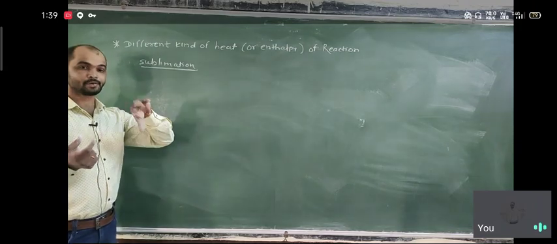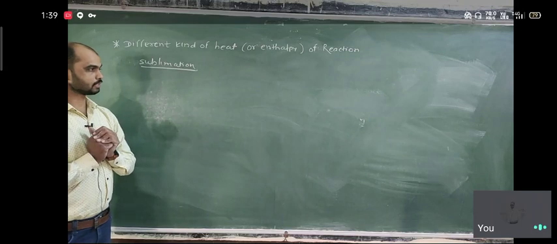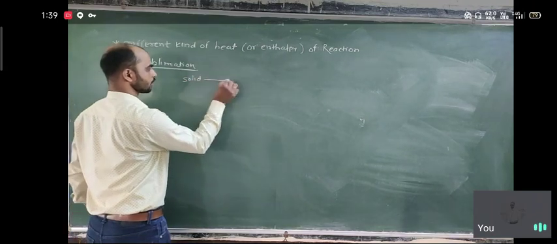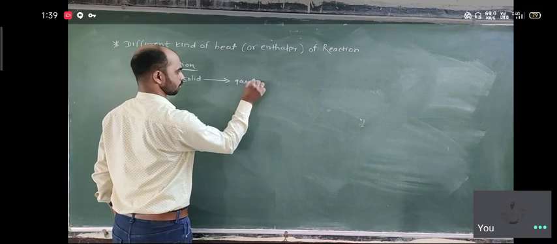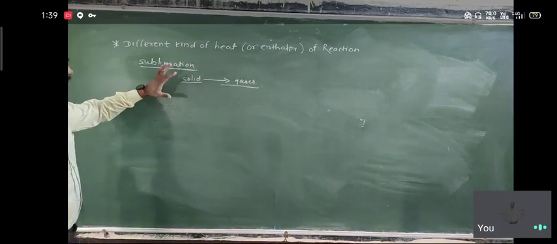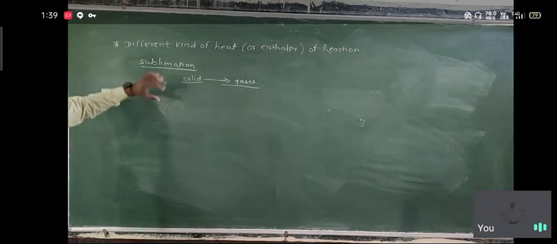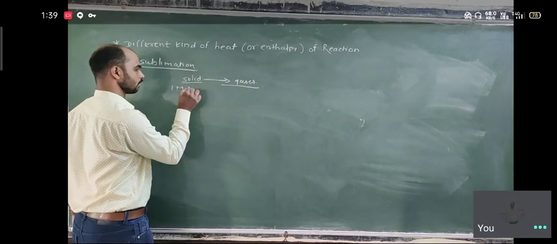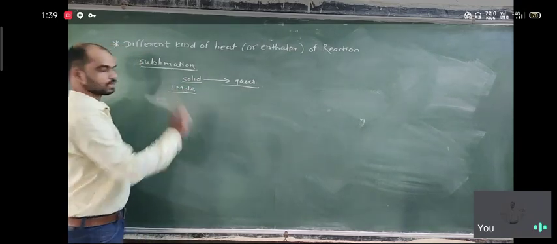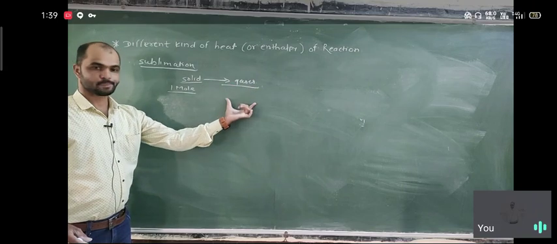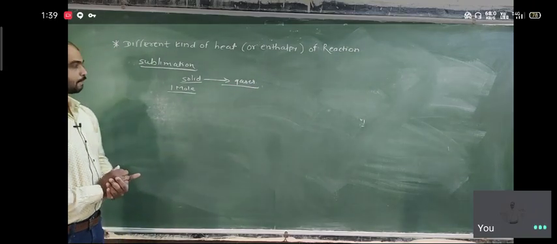That means it converts into gaseous phase. When any solid converts into gaseous state, it is called sublimation. So it is a change in heat when 1 mole of solid converts into gaseous phase or vapor phase, called the heat of sublimation.